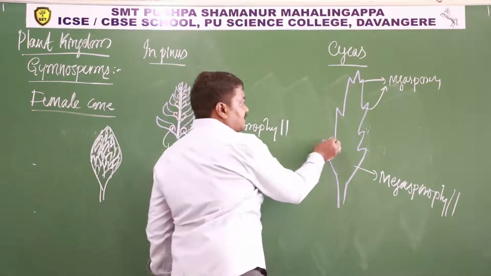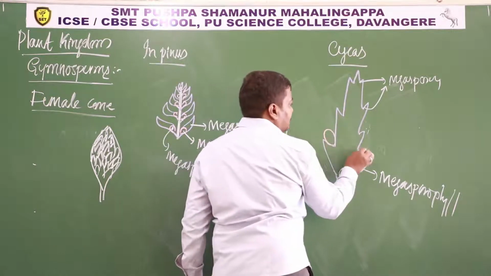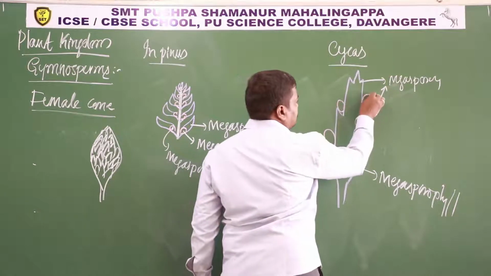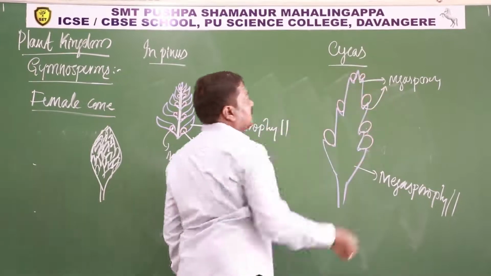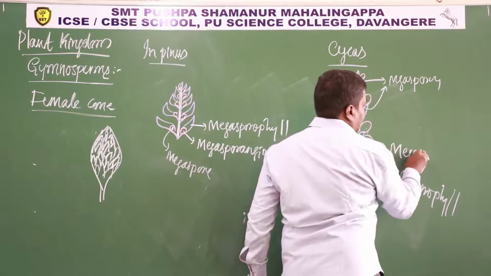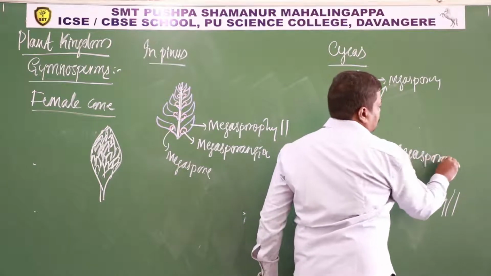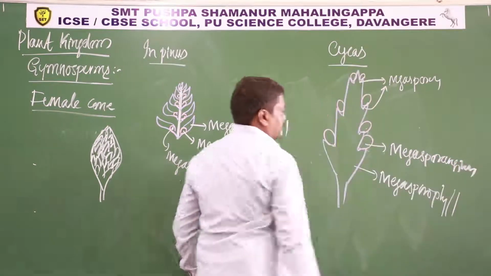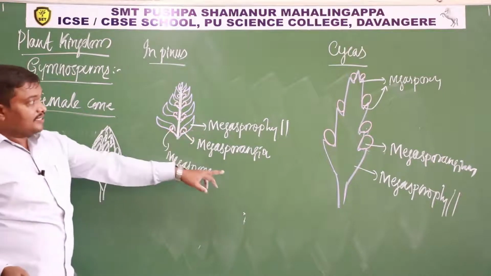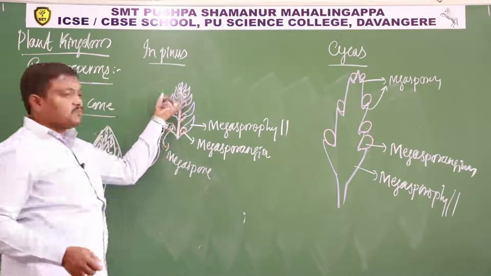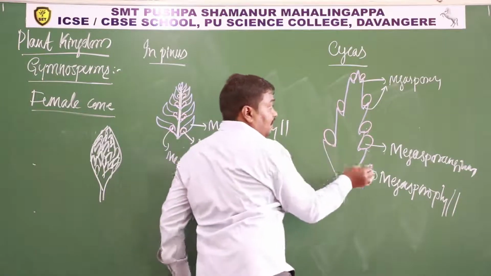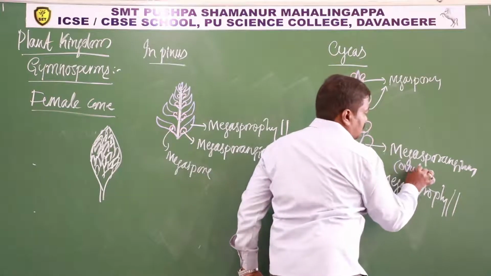In the axil of the megasporophyll there will be a megasporangium like this. See the difference: it is very small compared to that, which is much larger. This megasporangium is also called an ovule.